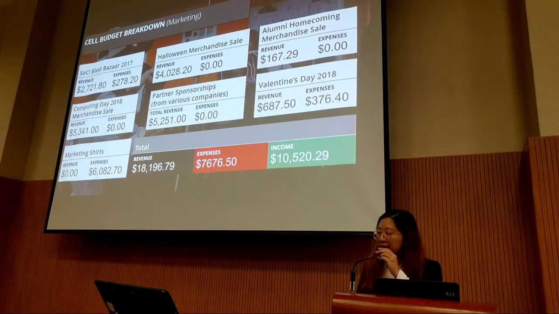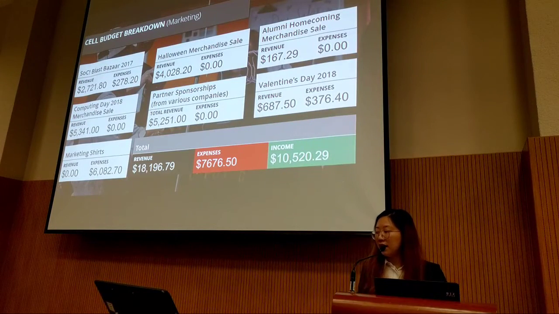For Valentine's Day 2018, the expenses were spent mostly on decorations and candies, and we made a revenue of $687.50. Based on this figure, there are also expenses that we have to pay first, which is $6,000, when we buy the shirts at cost price and then sell them during the various merchandise sales.